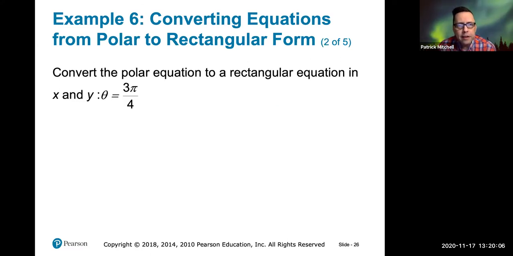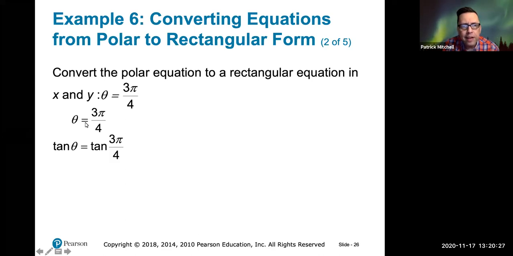All right, next, let's look at another very simple polar equation when theta equals a constant. Convert the polar equation theta equals 3 pi over 4 to a rectangular equation in x and y. So remember the formula tangent theta equals y over x. If we take the tangent of both sides of this equation, we will then be able to replace tangent theta with y over x.